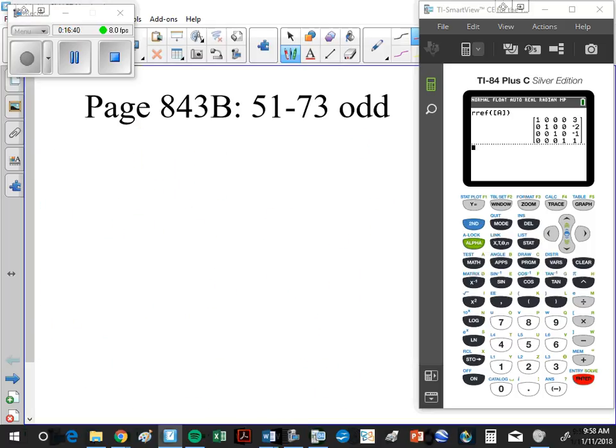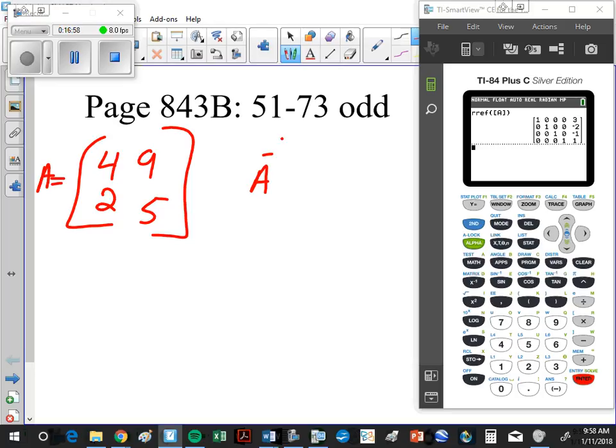So if I had 4, 5, and 2, and 9, so if this is A, what would A inverse look like? I'm going to switch the 5 and the 4. So 5 here and 4 there. And then I make the 2 and the 9 negative. So -2 and -9, but I have to worry about its weight.